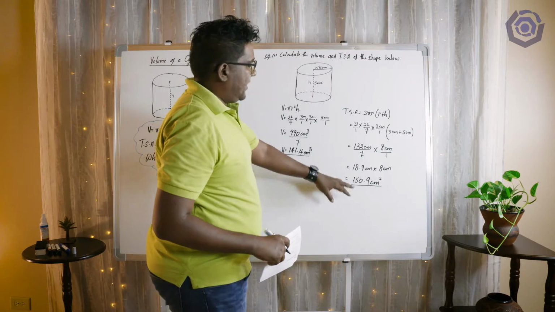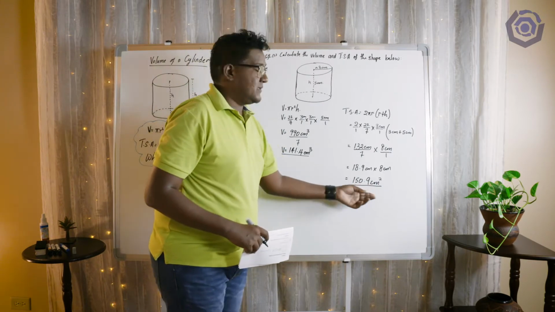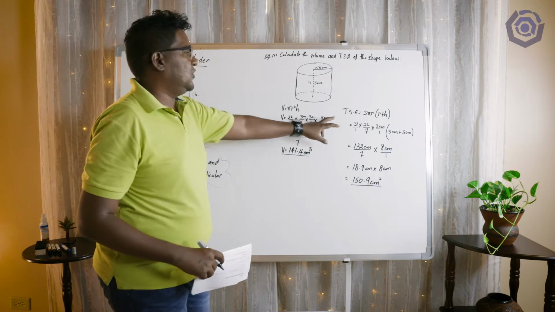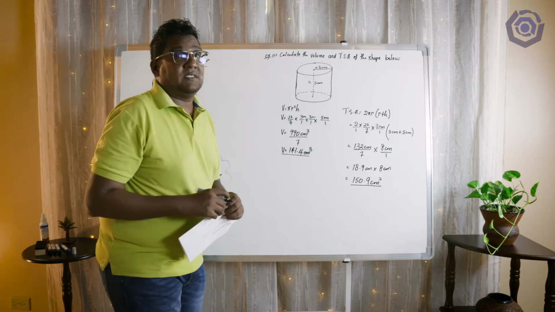Remember, area is in squared units and volume is in cubic units. So this is how you find the volume and the total surface area of a cylinder.